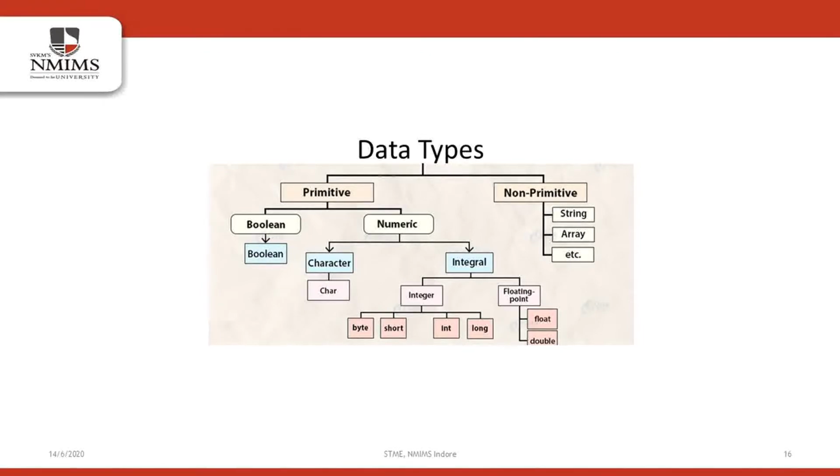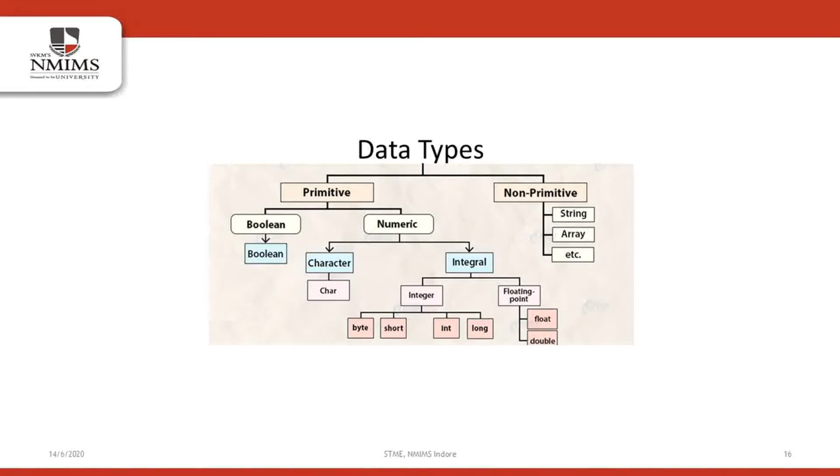So what's the point in having four different types when all of them do the same work? The difference here is the range of values each type can contain. Byte has the smallest range, then short, then int, and then long has the widest range of values. The other type is floating point, and under it we have float and double.